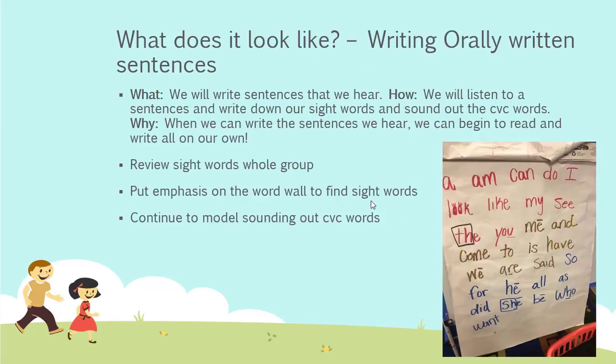Okay, so writing orally, orally written sentences. When you're reading sentences out loud to scholars and having them write what you said, that's also something that's going to be coming up on our CA. What this looks like, because a lot of scholars really do struggle with their sight words: I do this whole group every morning.